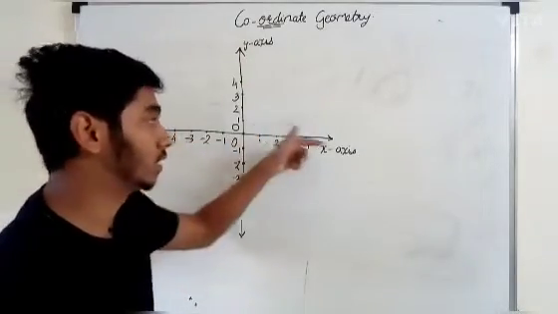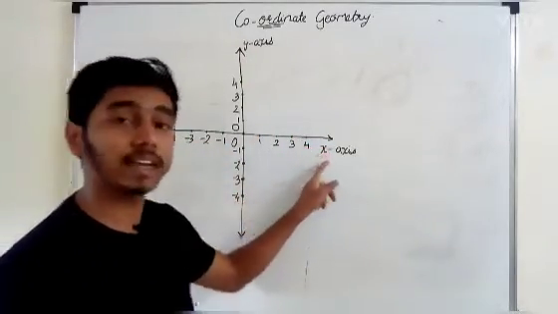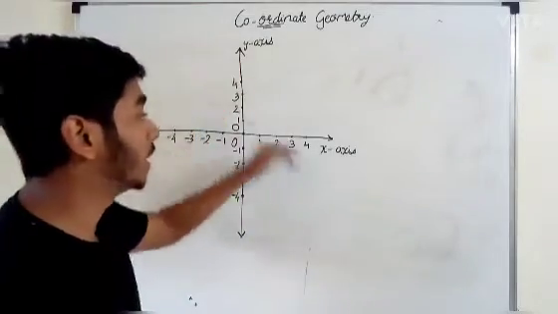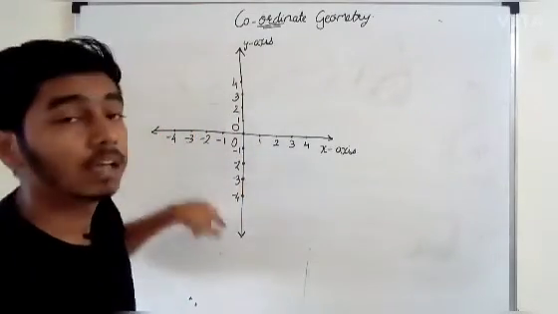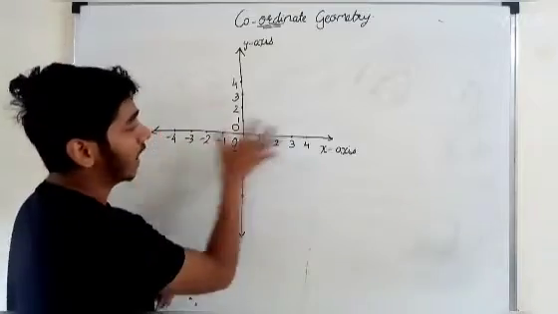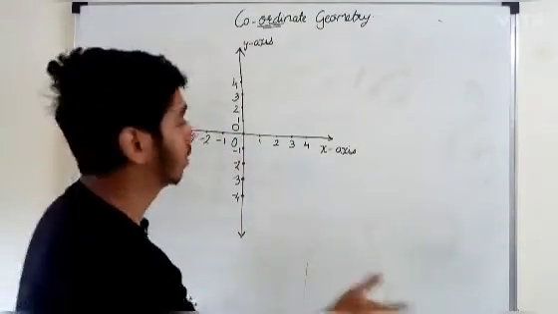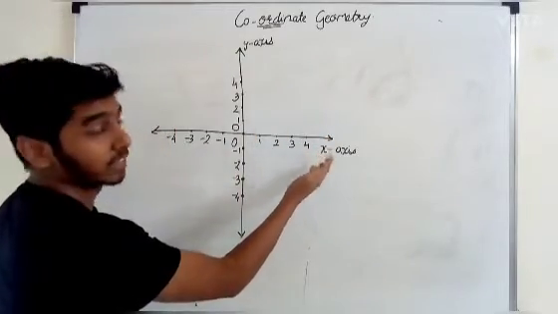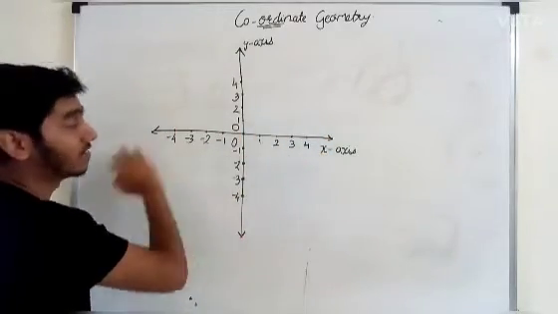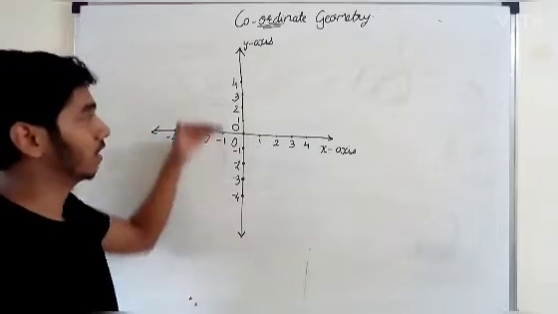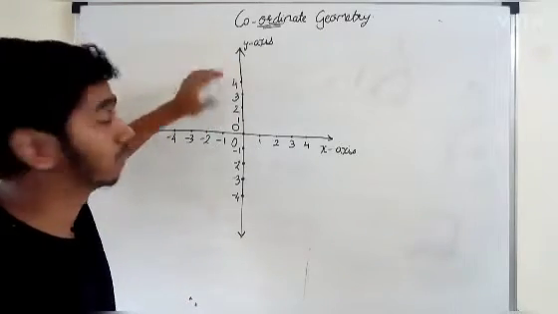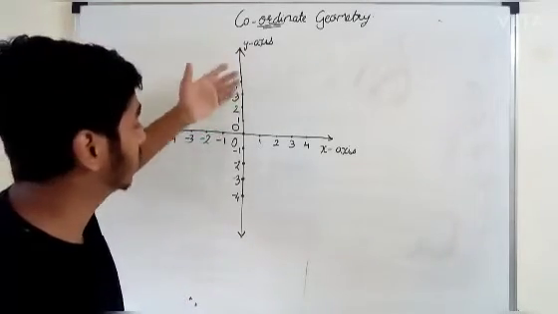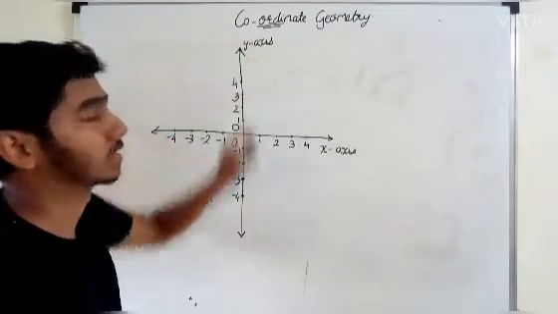There are two perpendicular lines. One is called the x-axis, and the line which is perpendicular to the x-axis is called the y-axis. This is actually like a number line. The right side of the x-axis is positive and the left side is negative. In the same way, the upper part is positive and the lower part is negative for the y-axis.